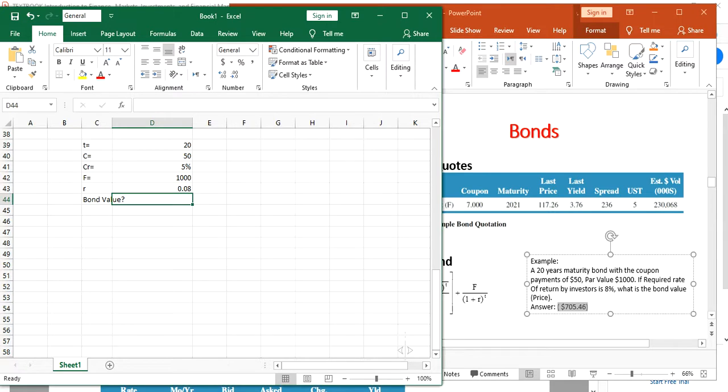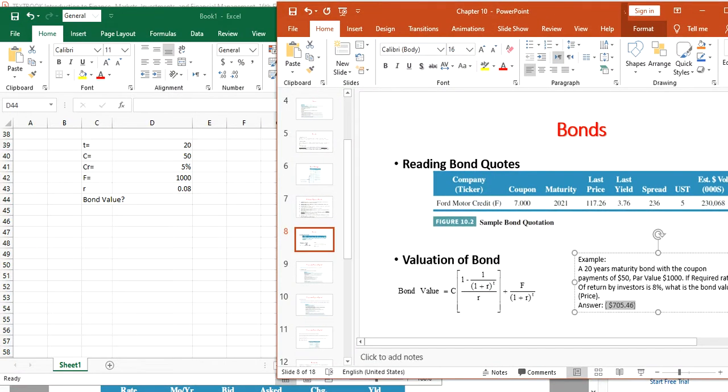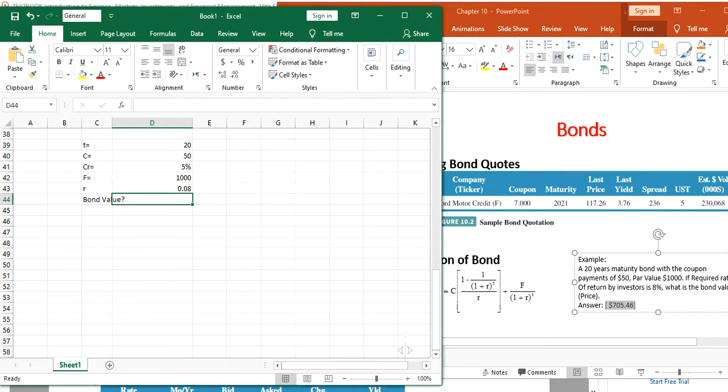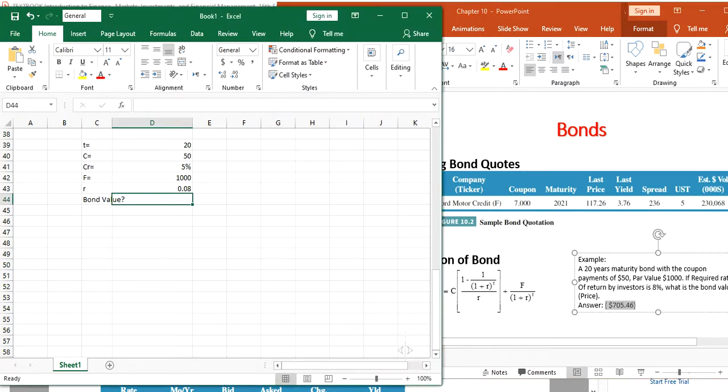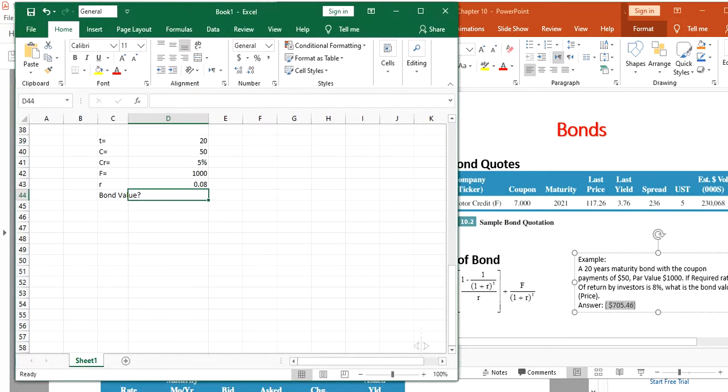It's your choice how you want to calculate, but I'll simplify it. I'll calculate this upper part over here separately, and I will calculate this part separately, and then we will end up with the final calculations. By the way, there is a function in Excel, but you should use your calculator in the exam and calculate this.